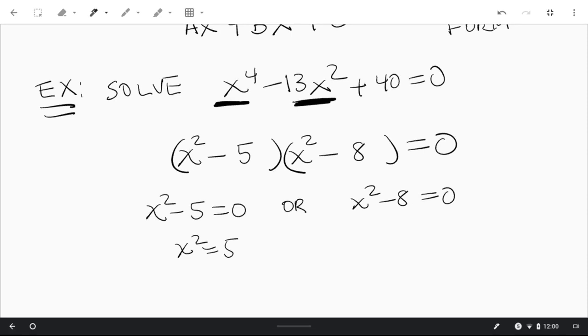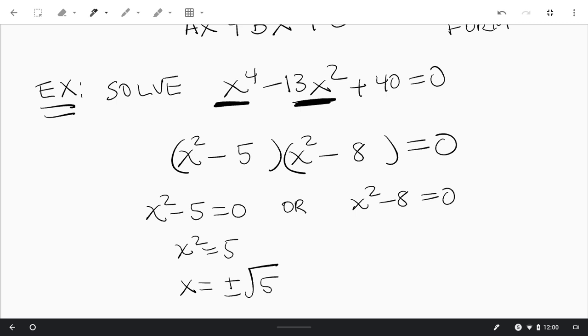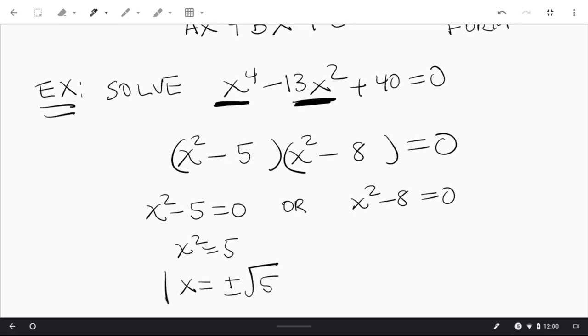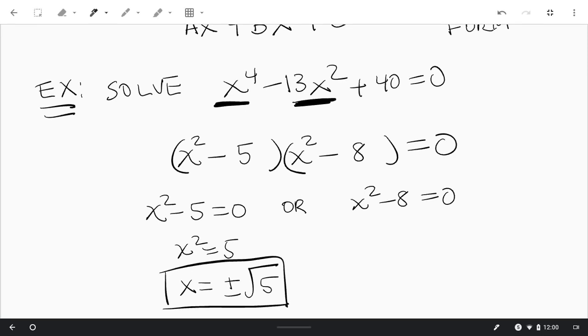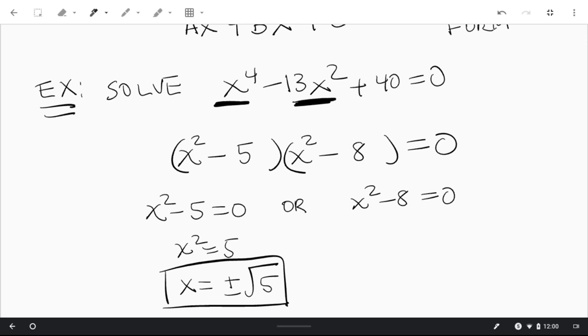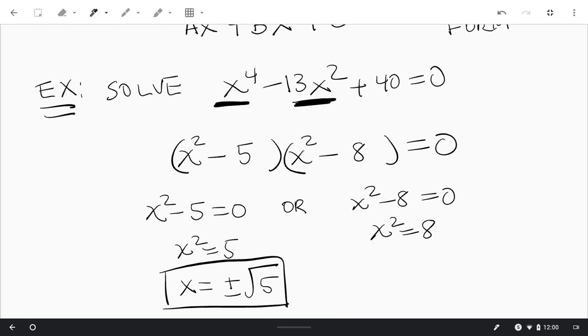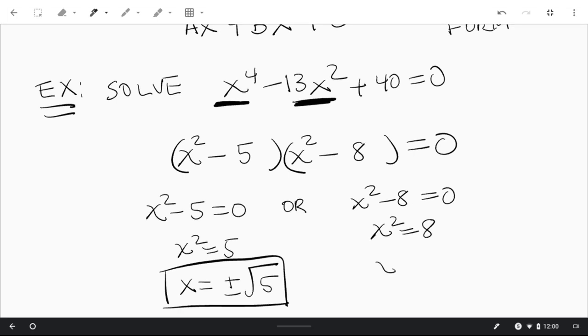But when you do that, you have positive, negative. Okay, so here are our first 2 answers. And then over here, add 8 to both sides. Take the square root of both sides. And when you do, you get plus minus the square root of 8.